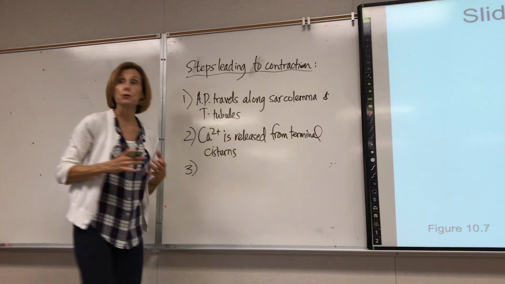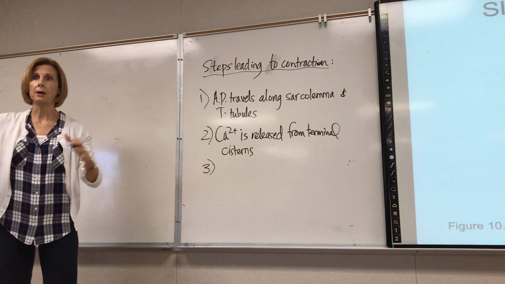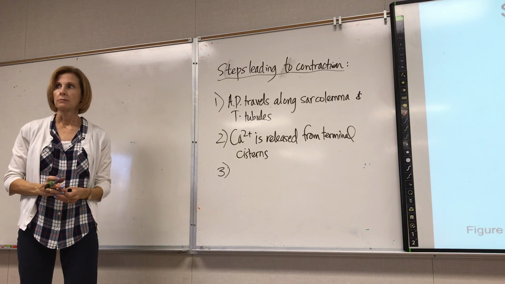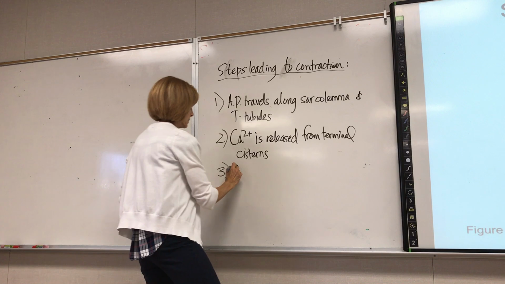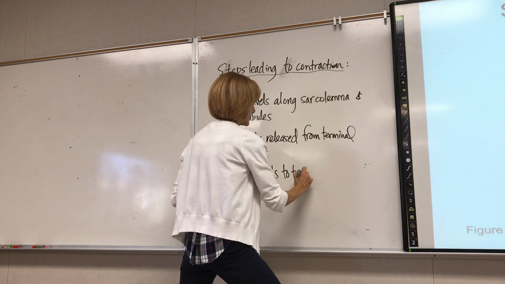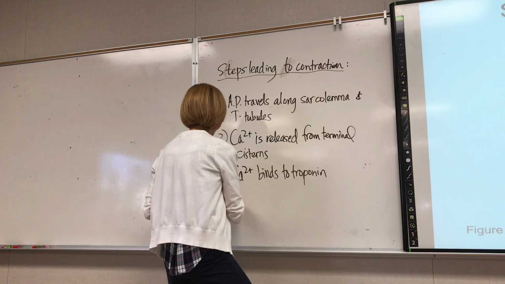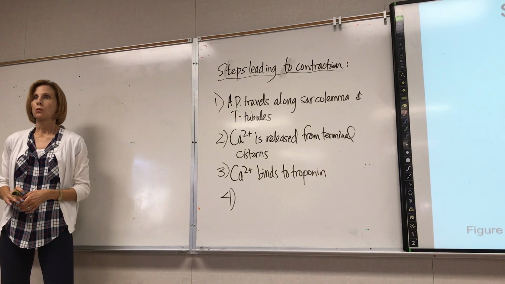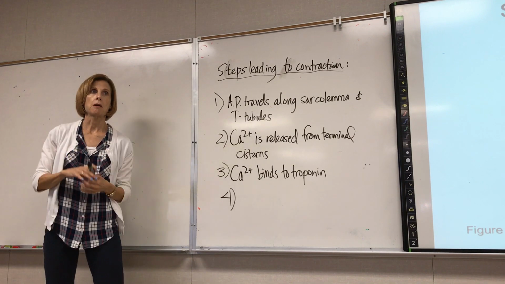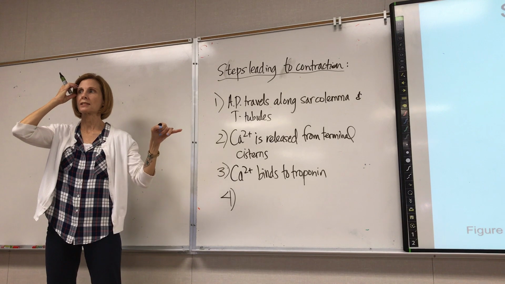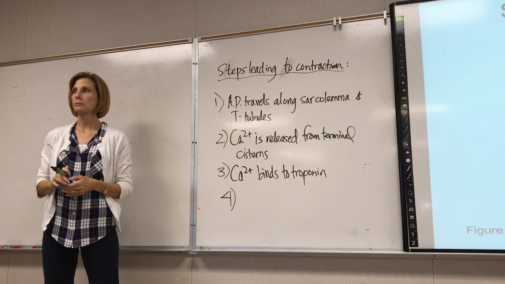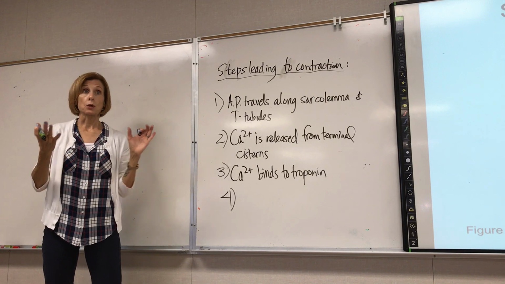Okay, what does calcium do? It goes out into the sarcoplasm and it binds to, right? Troponin. Calcium binds to troponin. What happens next? What is the part of the thin filament that is going to now move over? We just talked about it. The part of the thin filament that covers actin's binding sites. Tropomyosin, right.